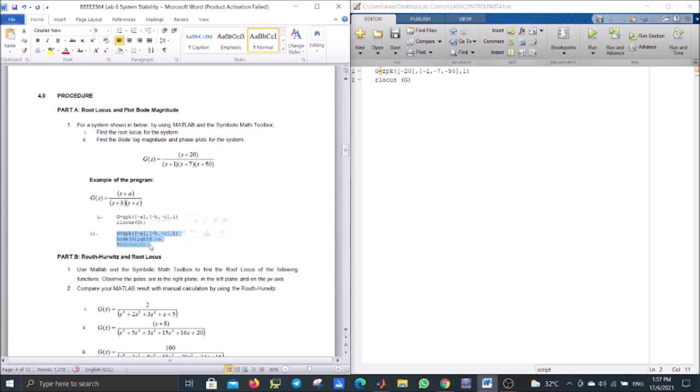It is the same. The difference is you need to add the bode, grid on. You do not need to change anything, you just add the bode, grid on.